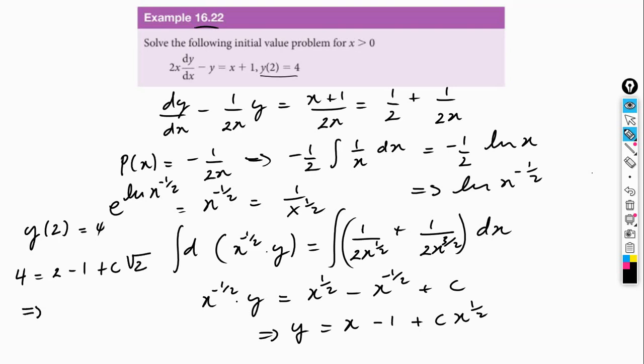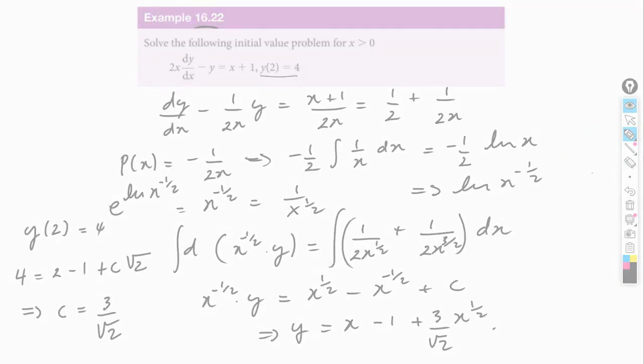And if we solve for c, we're going to get that c is equal to 3 over the square root of 2. So we can just substitute that here in the equation to get the particular solution. So it would be 3 over square root of 2 instead of c, and we have the solution.